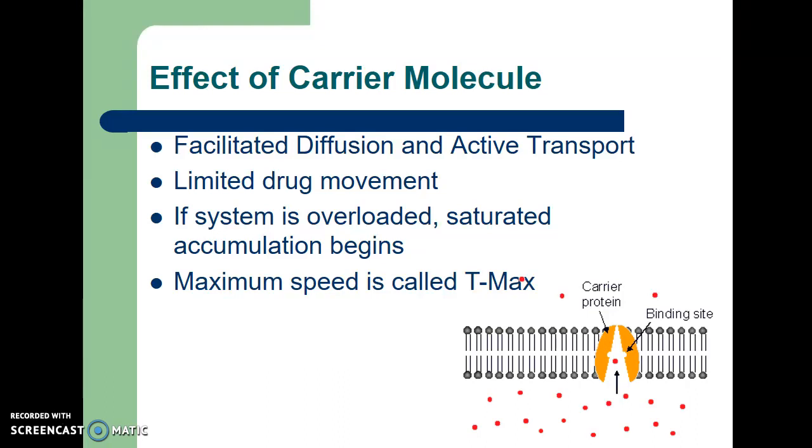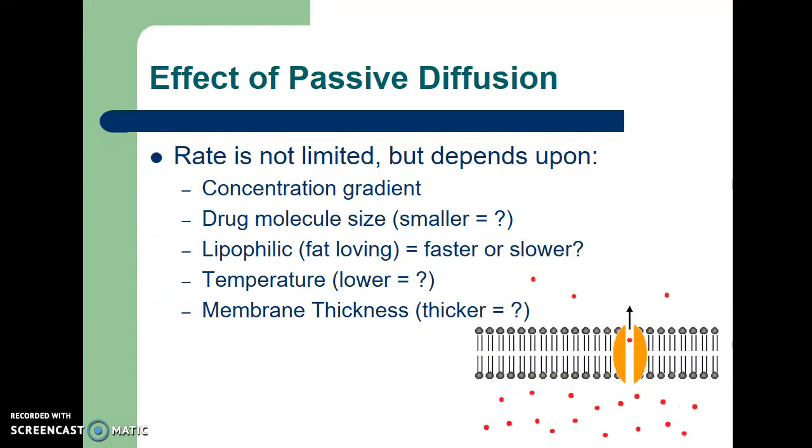And if it is saturated, that's what it's called when all the toll booths are occupied, there's going to be a maximum speed, and that is called Tmax. It simply limits how fast a molecule can get across because there's only so many carrier molecules. So that happens in facilitated diffusion and active transport, where a carrier molecule is the method of transport.